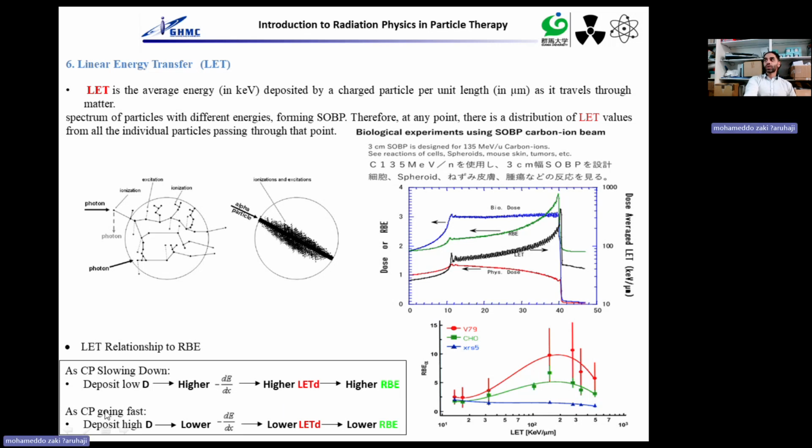When the charged particle is going fast, it deposits a lower dose, which means lower stopping power, which means lower LET, which means lower dose-averaged LET, which means lower RBE.